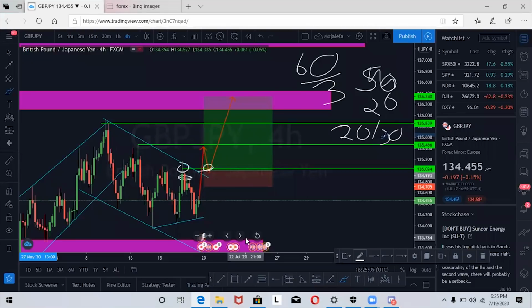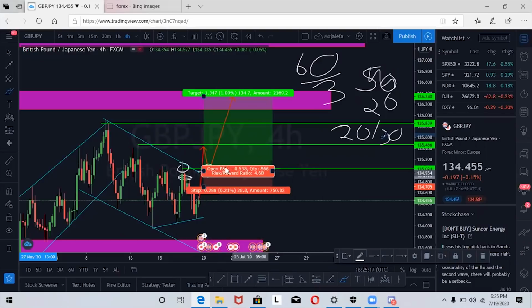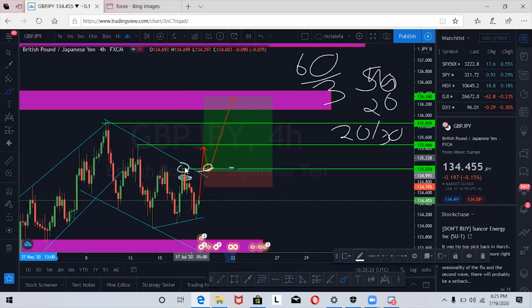So this is how you can scale in properly, and this one is more like my personal strategy on how I scale in. For example, I'm taking this trade. If I calculate my lot size and find out my lot size is lot 1, then I calculate how much money I'm going to lose if my lot 1 goes to my stop loss.